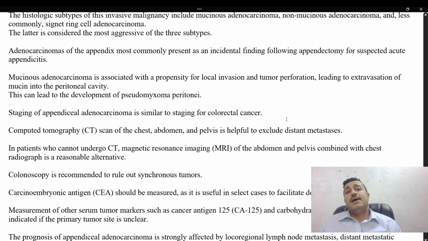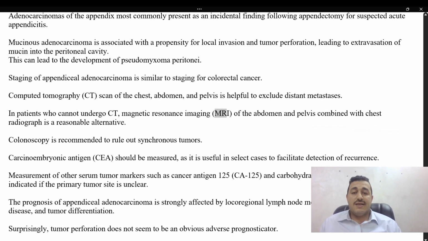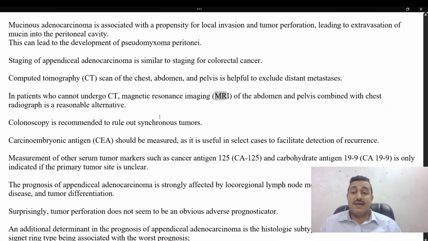Here they actually want to remind you that this is cancer, so you have to do staging similar to colorectal cancer. This includes CT scan of the chest, abdomen, pelvis. MRI is helpful if you cannot proceed with CT scan. This includes colonoscopy.